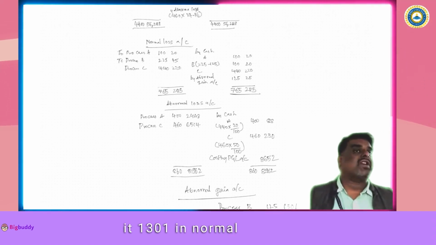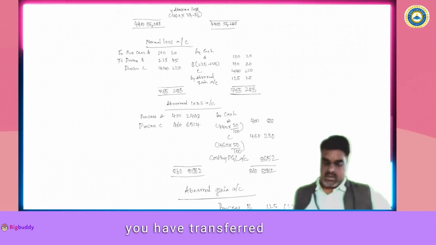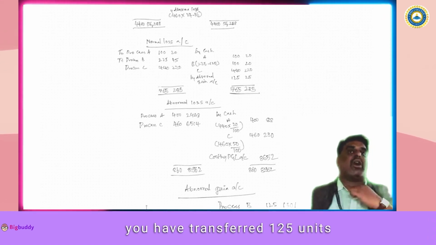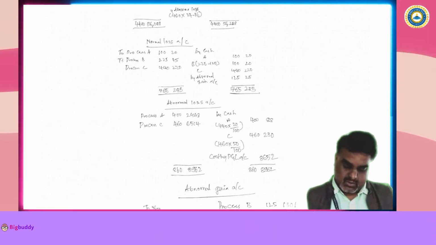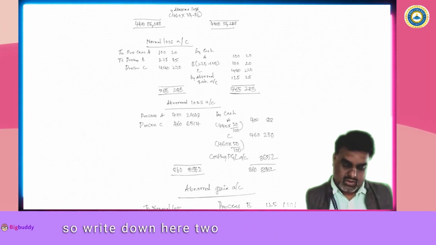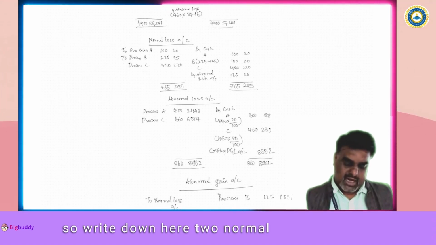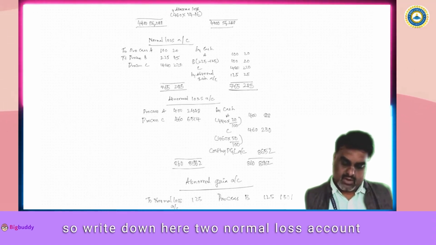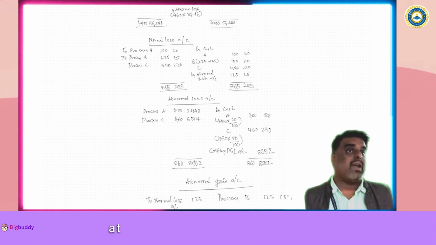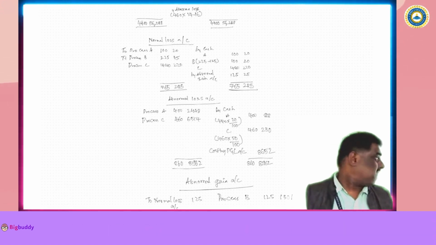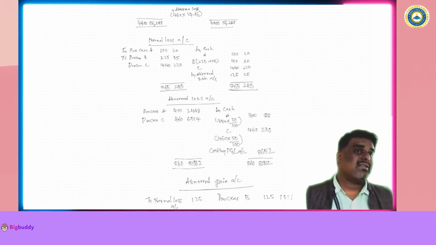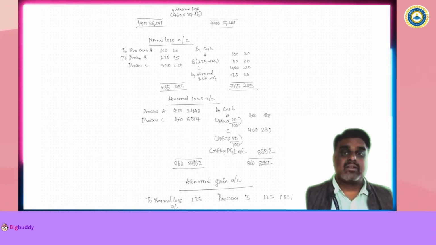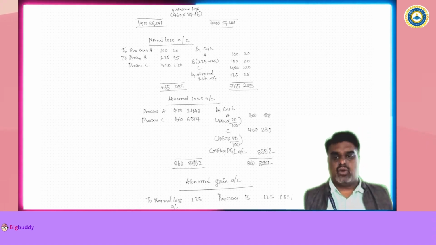Now, in normal loss account, you have transferred 125 units to abnormal gain account. So write down here, to normal loss account, 125. At what value have you transferred? 400.